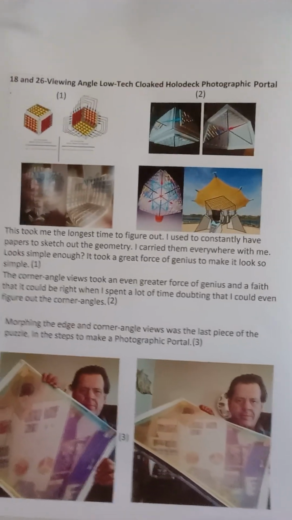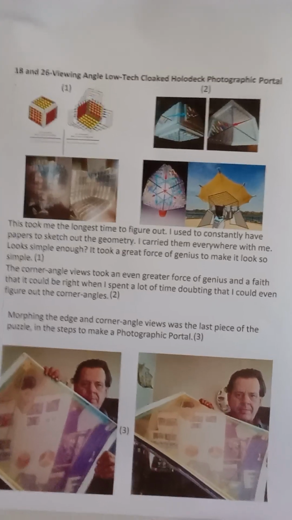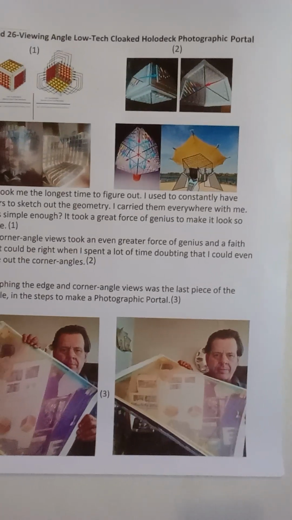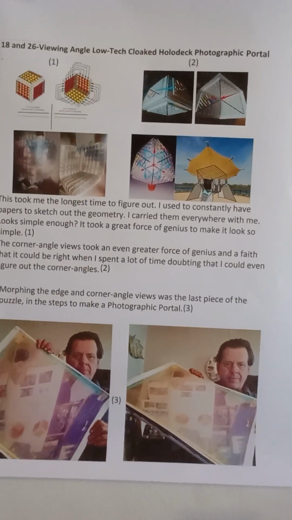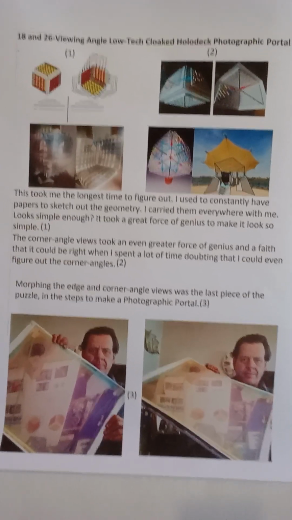I guess this might be as clear an explanation as I can get. The steps to create a photographic portal model: I'm using another picture in this instance to show how the morphing relates to the surfaces of the photographic portal model.